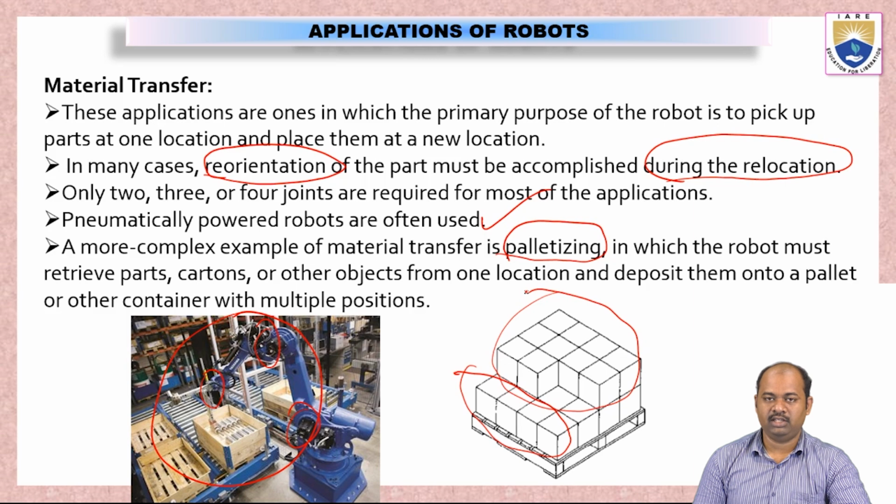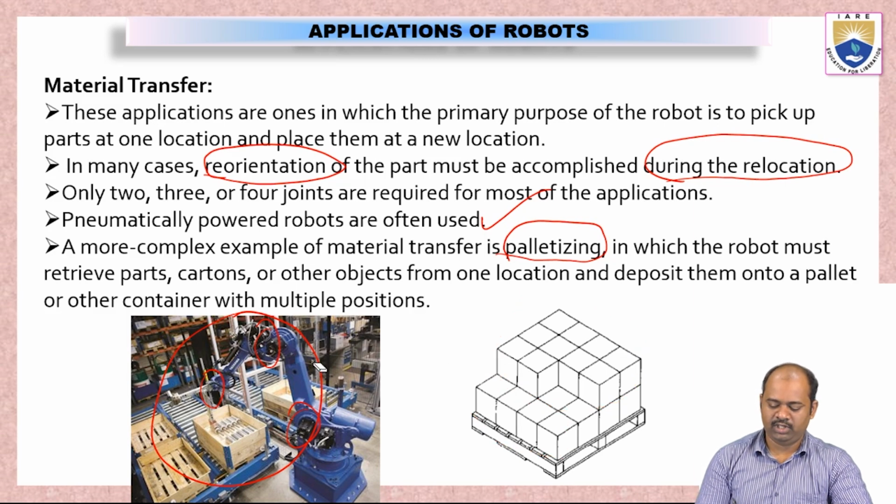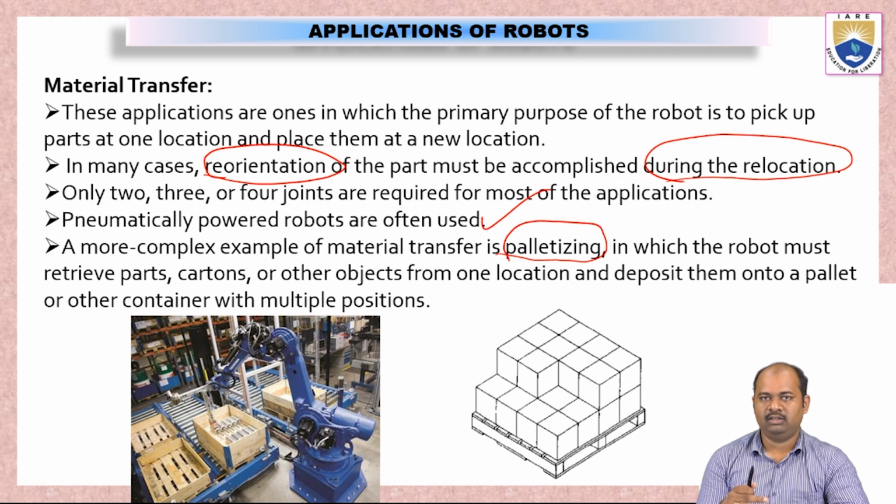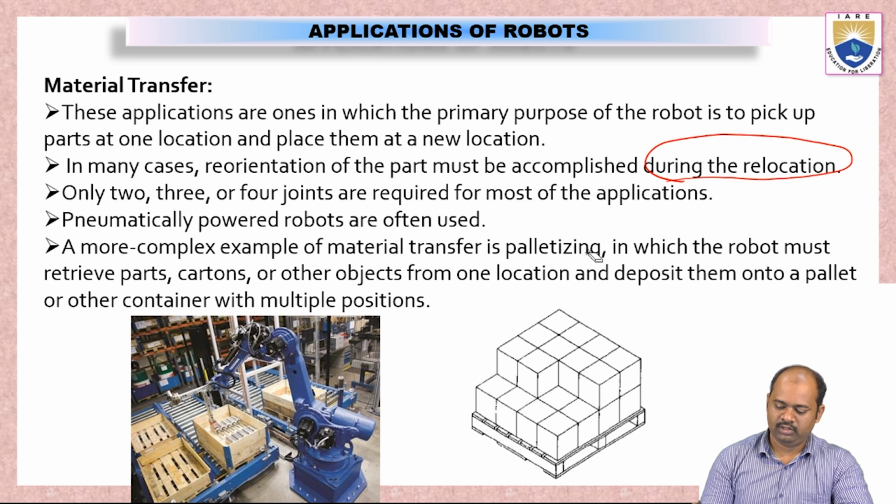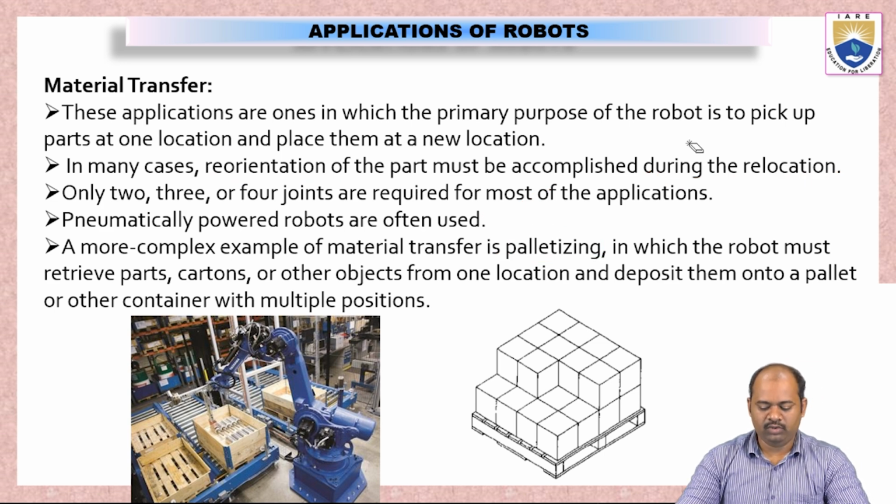This is called palletizing, where the robots can be used not only for filling the objects, but also for packing the boxes and stacking them on other boxes. In palletizing operations, robots do a very good job compared to human beings. They can work precisely and require less time.